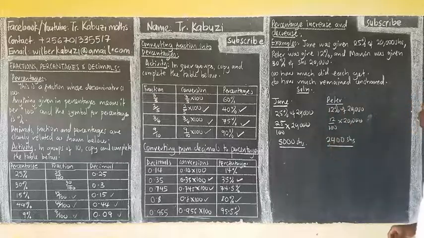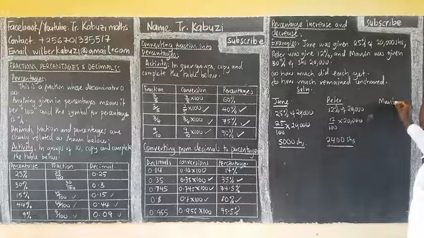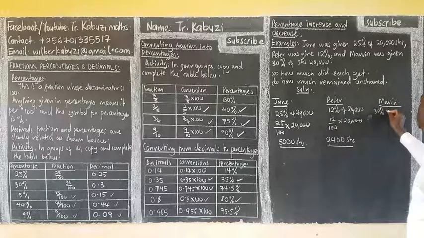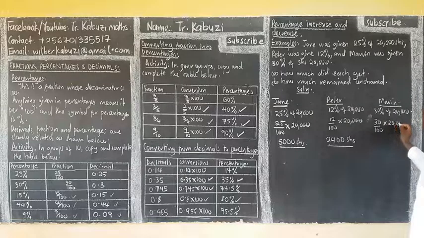Then we come to Marvin. So he is having 30% of 20,000. This is now 30 over 100 times 20,000.